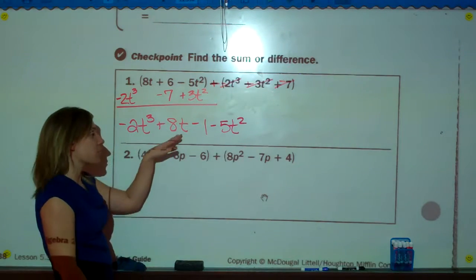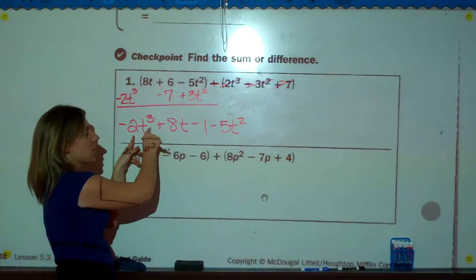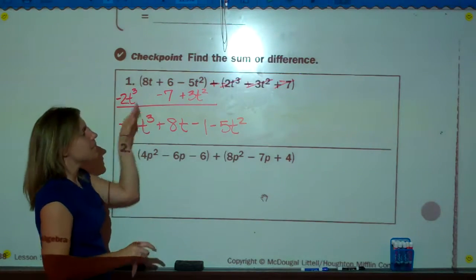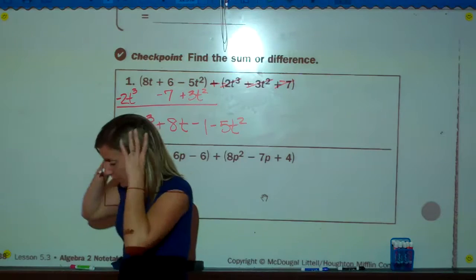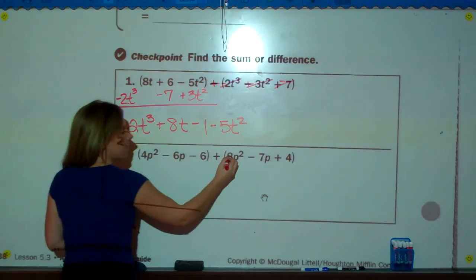Now, we don't typically write the answer in this form. We would typically go from highest exponent all the way down to the constant. But since they lined up that way, we'll just leave it like that for right now. And now let's do this one.